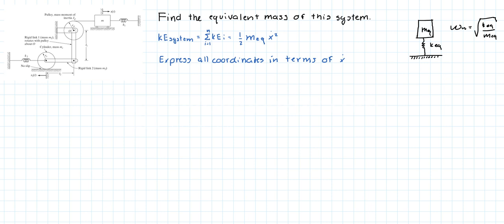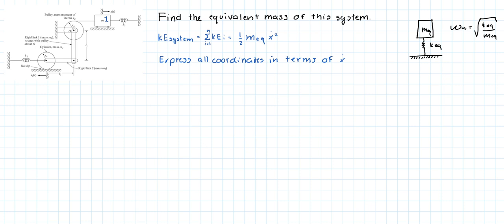Okay, so what we're going to do is use the energy method, and to find the equivalent mass we're going to take the sum of all the kinetic energy terms in the system. The first part is simply to number the different elements that we have to include in our kinetic energy equation.